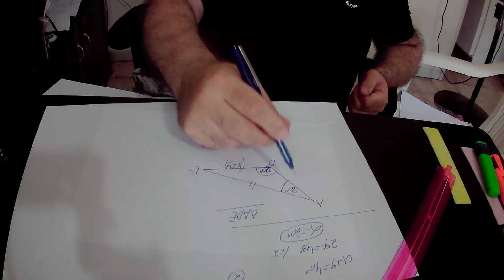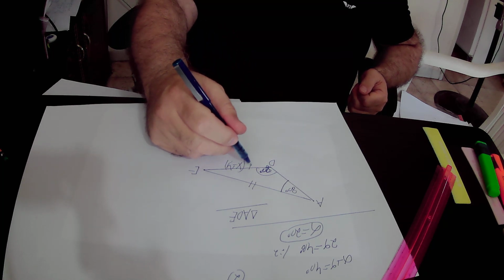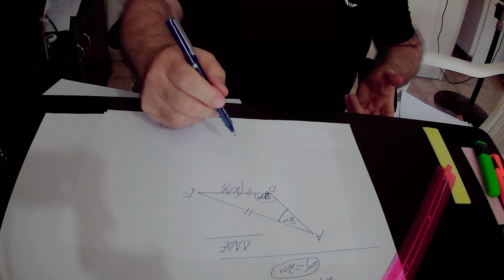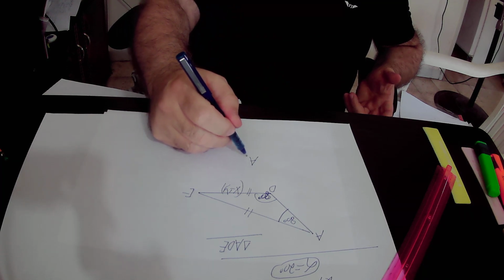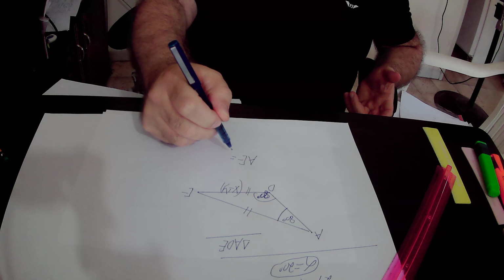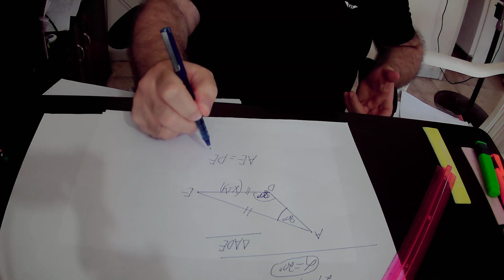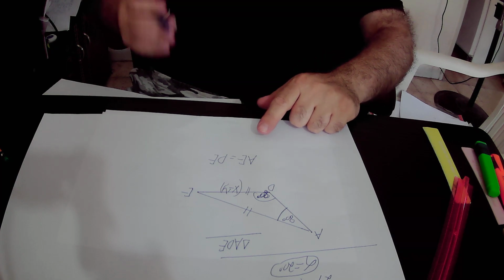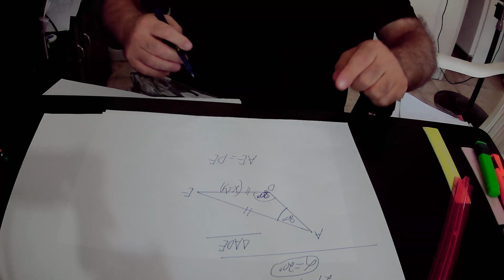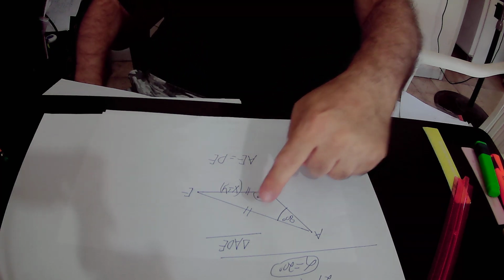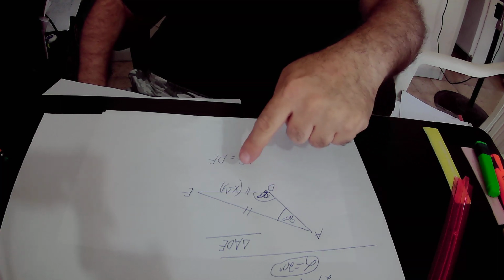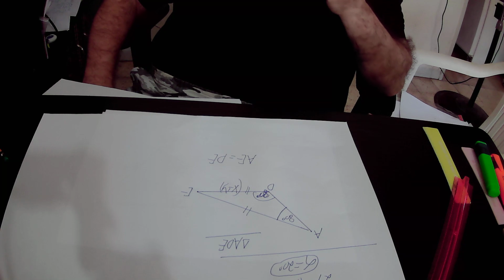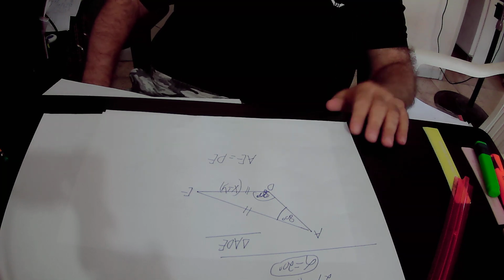In front of this angle, we have side DE. And according to the rule that I mentioned, side AE must be equal to side DE.